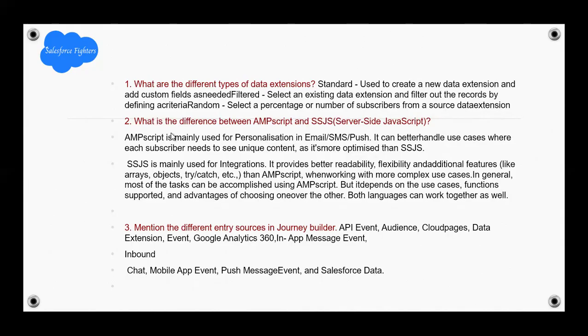Next question: What is the difference between AMPscript and SSJS, server-side JavaScript? AMPscript is mainly used for personalization in emails, SMS, push. It can better handle use cases where each subscriber needs to see unique content, as it's more optimized than SSJS. SSJS is mainly used for integrations.